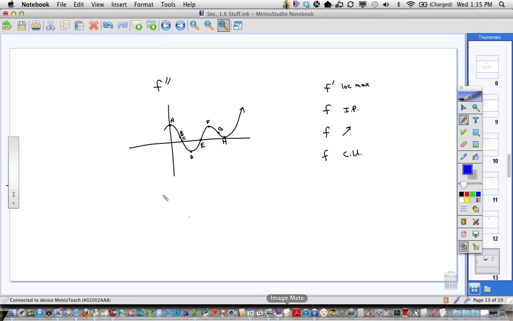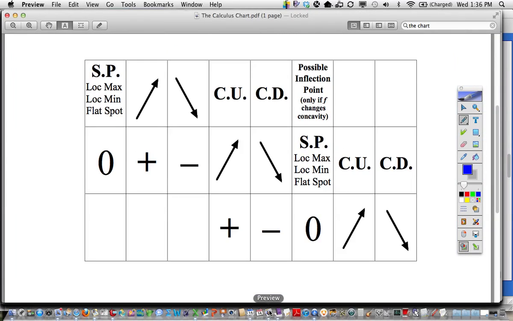So when I come over here and I look at the chart, where does F prime have a local max? It's when F prime goes from up to down. So therefore, F double prime has to change positive to negative. It was the same connection we looked at here. So all of these would be the same.